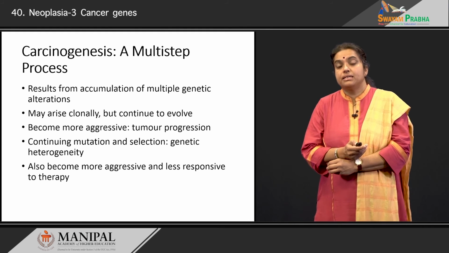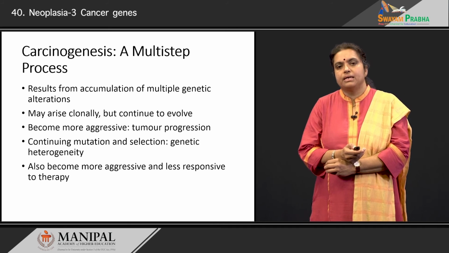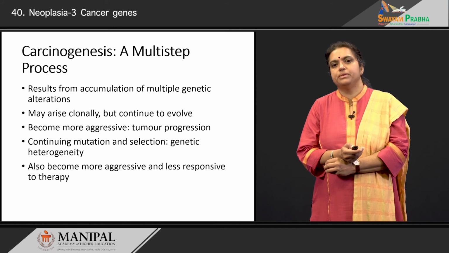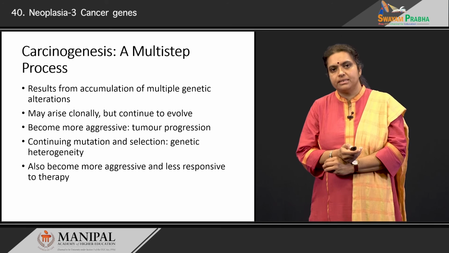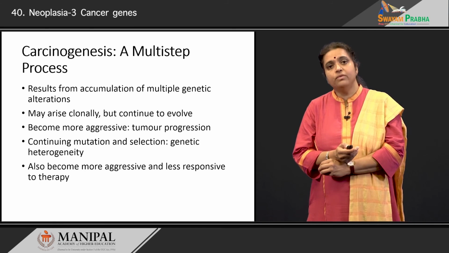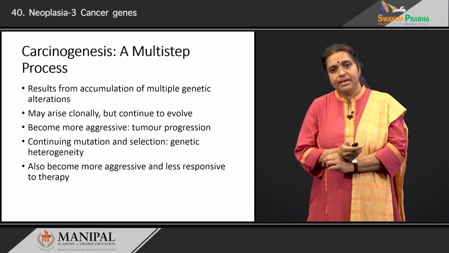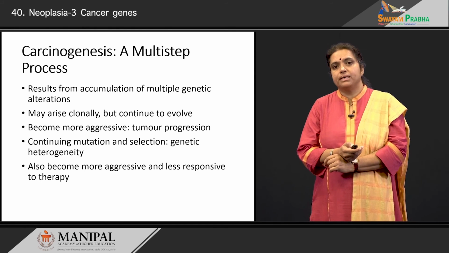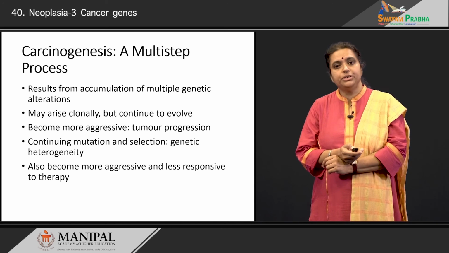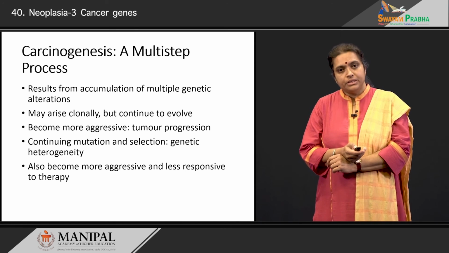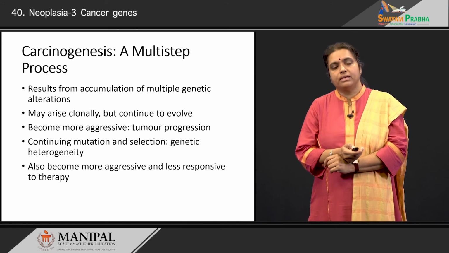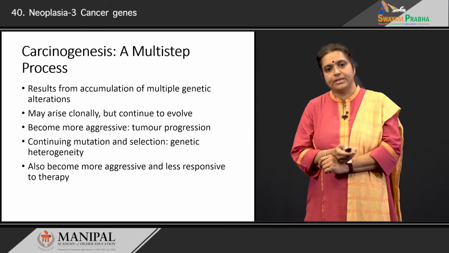We must understand that it is a multi-step process and it is usually due to accumulation of multiple genetic alterations that occur over a period of time. So, a cancer cell may arise from a single cell, but as cancers grow they continue to evolve. They continue to become more aggressive and this is what is known as tumor progression.